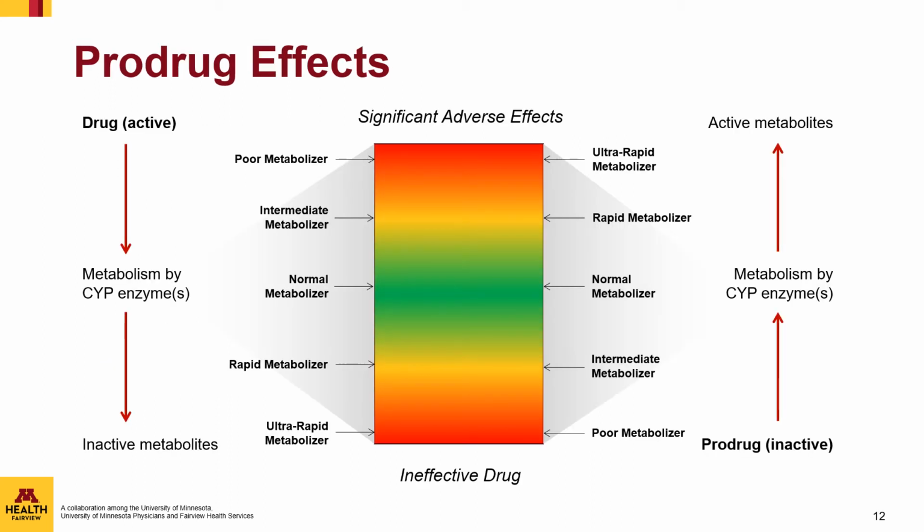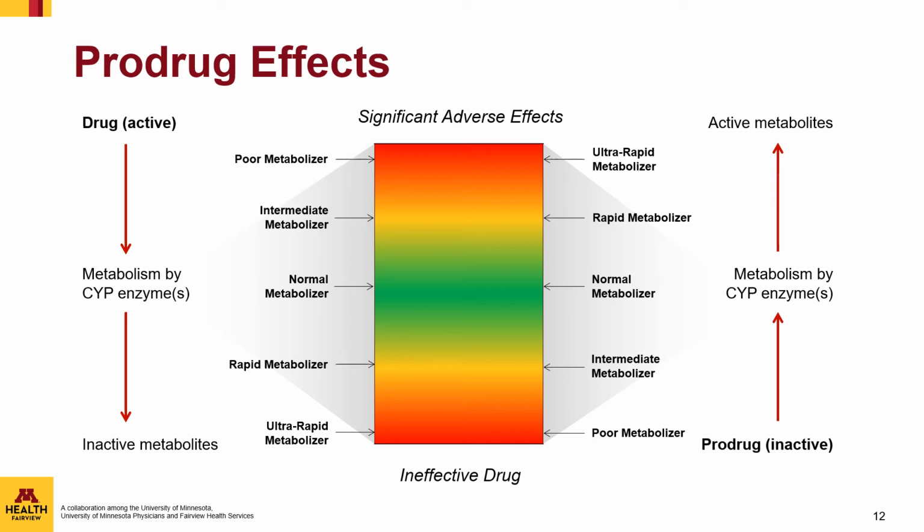Prodrugs are inactive compounds that must undergo metabolism to active metabolites in order for patients to experience pharmaceutical benefit. In these cases, metabolizer phenotypes have different implications. For example, if a patient is a poor metabolizer for a CYP enzyme responsible for metabolism of drug A, an active parent compound, we would expect them to be at a very high risk of experiencing adverse effects.